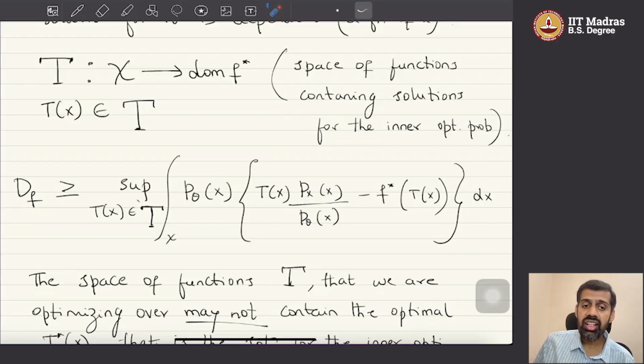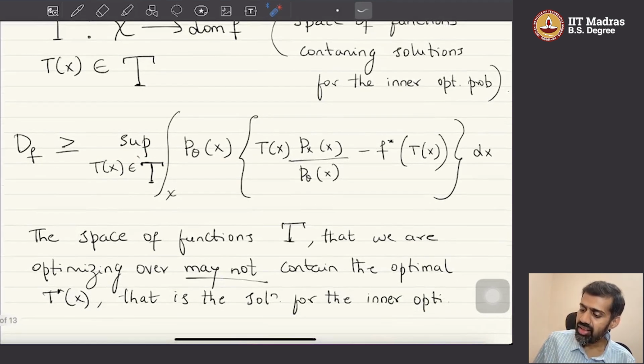Okay, it can at best equal the F divergence, or it will be less than that, because we are solving a supremum problem here or a maximization problem, right?